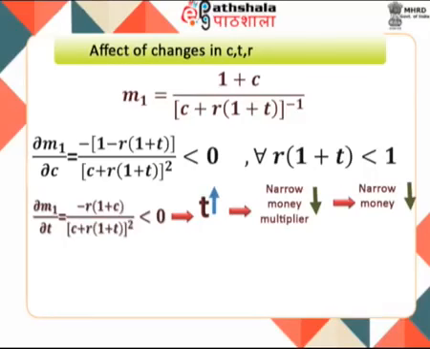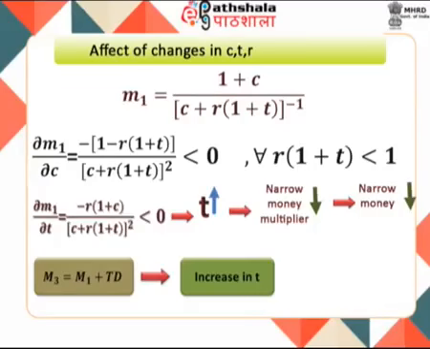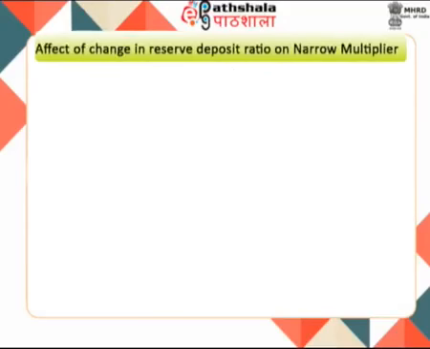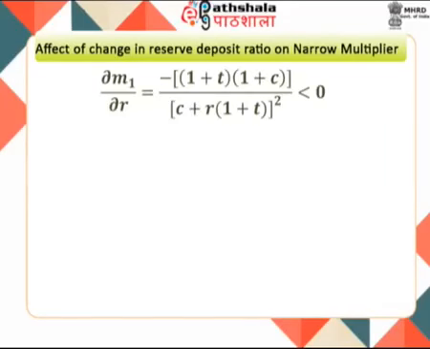However, since M3 is equal to M1 plus TD, an increase in T would imply an increase in M3. Let us now analyze the effect of change in reserve deposit ratio on the narrow multiplier. By differentiating the narrow multiplier, we get delta M1 by delta R equal to minus (1 plus T)(1 plus C) divided by (C plus R(1 plus T)) whole square, which is less than 0.